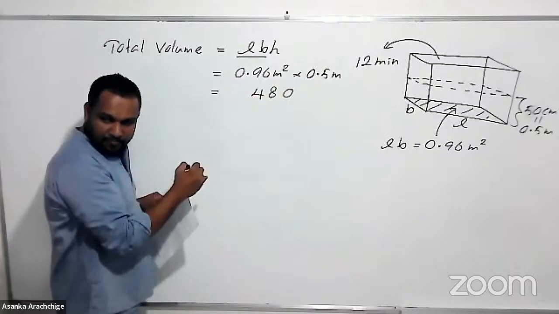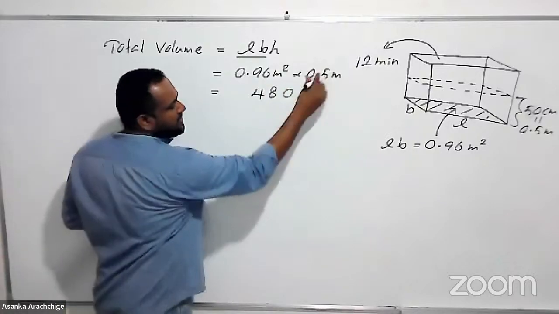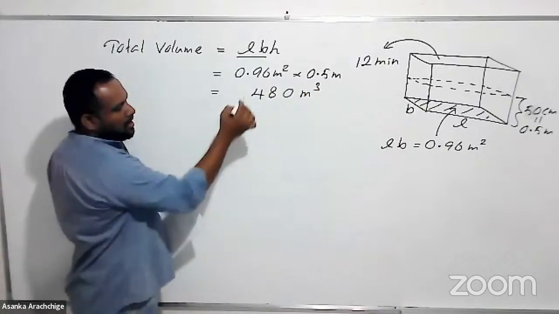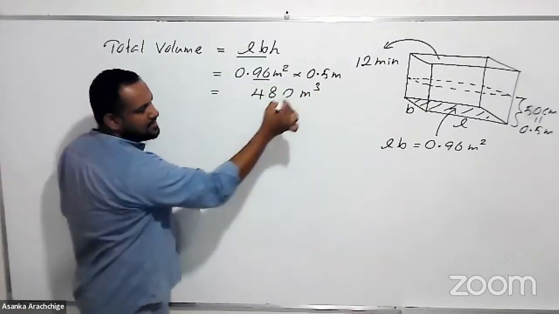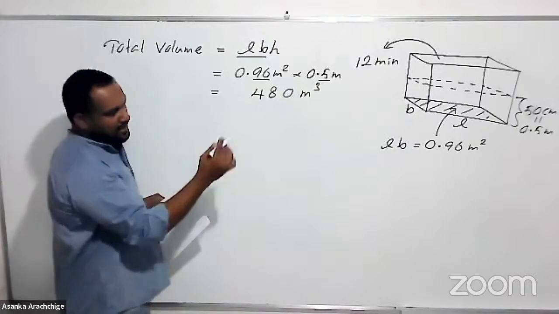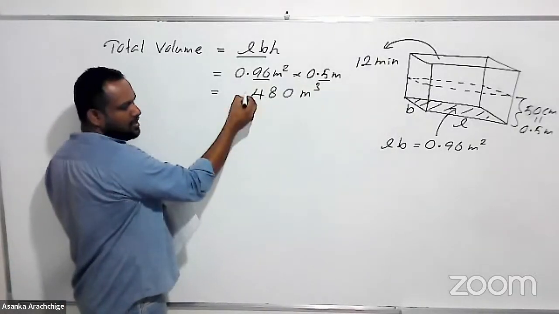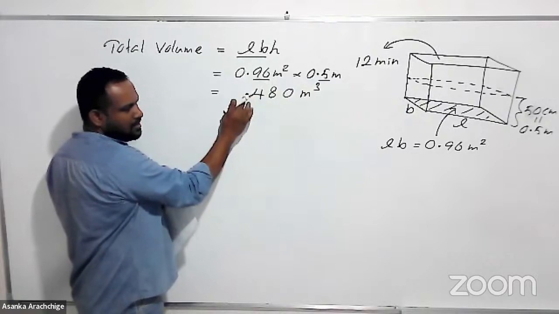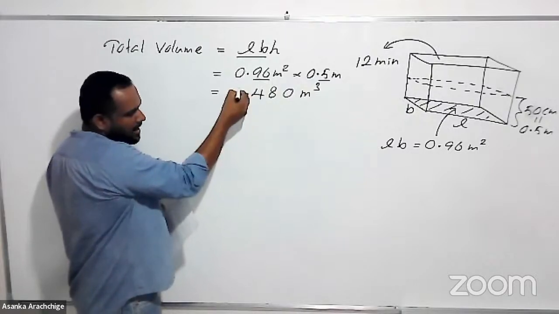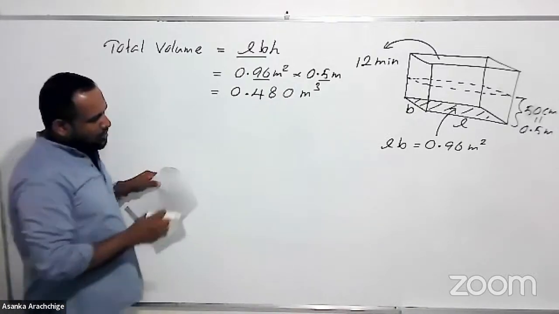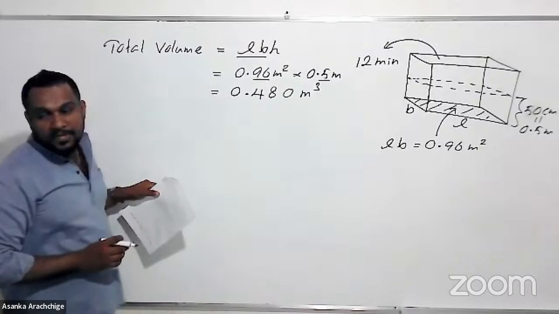Am I correct? Square meters into meters, that is cubic meters. Now, here 2 decimal places and here 1 decimal place. In total, 3 decimal places. 1, 2, 3. You have to place the decimal point over here and put a 0 for the whole number side. So it is still in cubic meters.